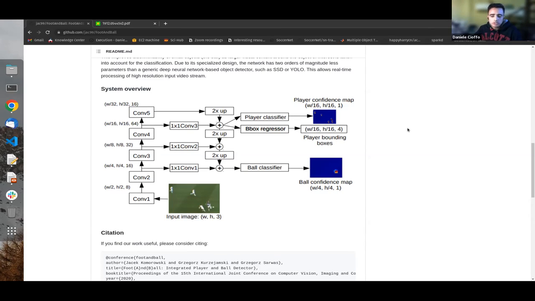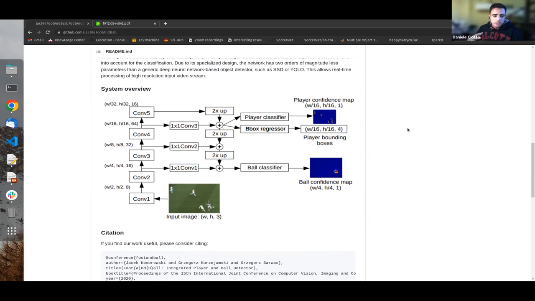Now, as we can see from the architecture, the input image is processed bottom up, like usual, by 5 convolutional layers. And we produce feature maps with decreasing spatial resolution and, of course, an increasing number of channels.